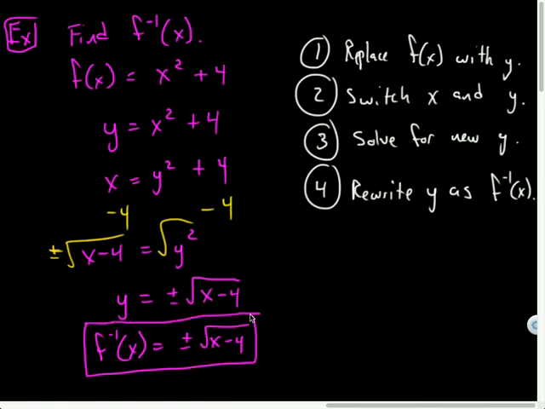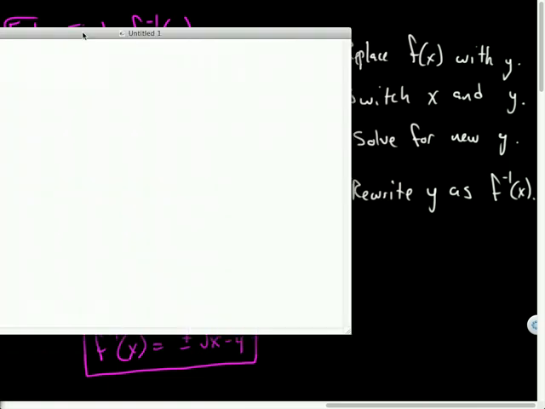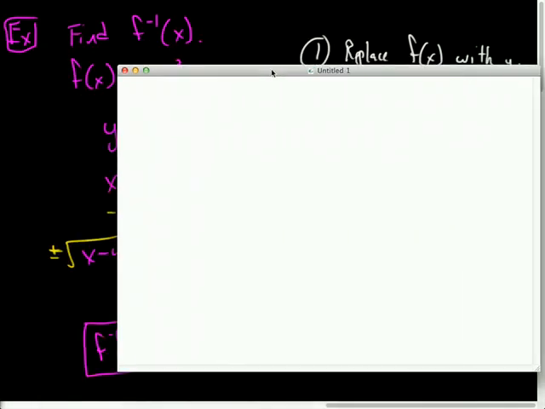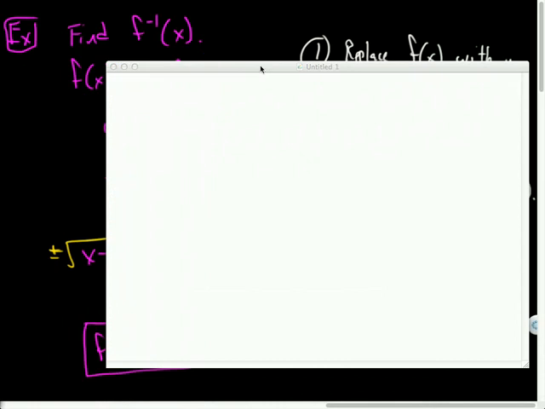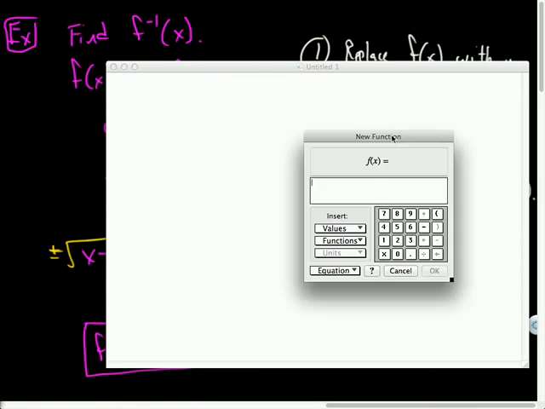And algebraically, we have now found an inverse function. You can follow this process no matter what they happen to be. Now some of them might be trickier to solve, but let me open up and graph the function and its inverse just so you can see what's going on here.